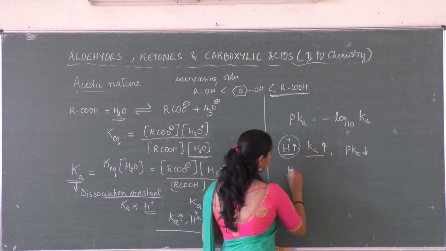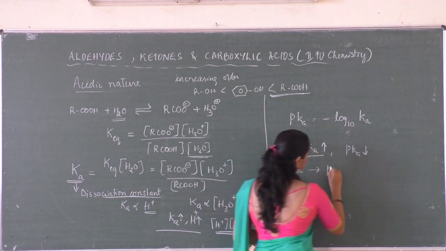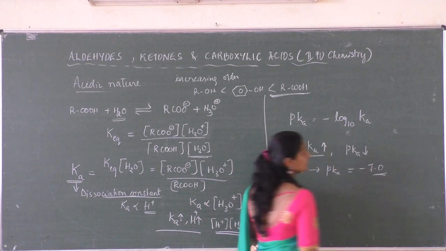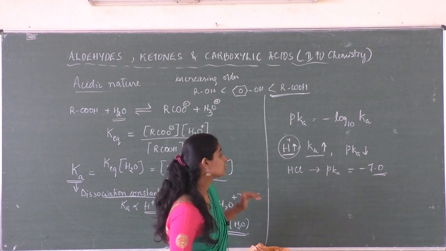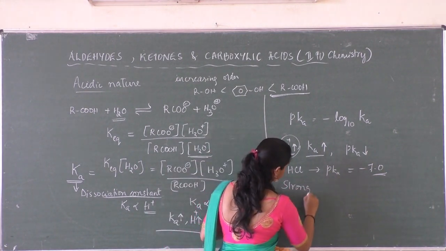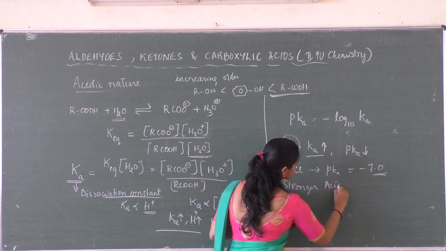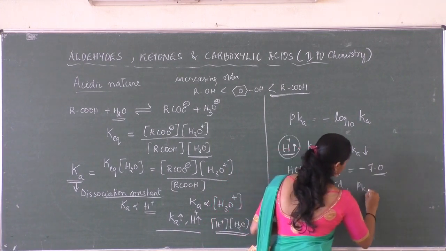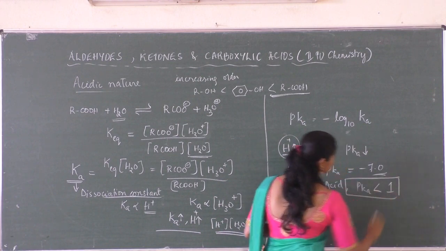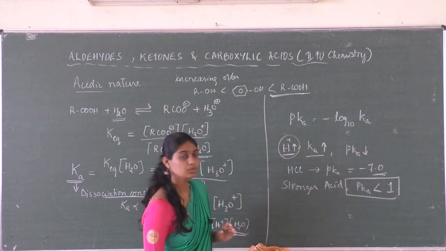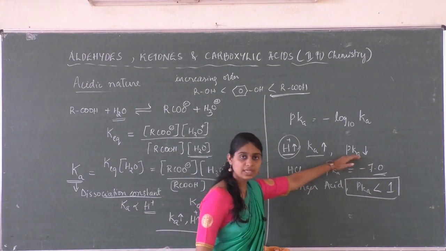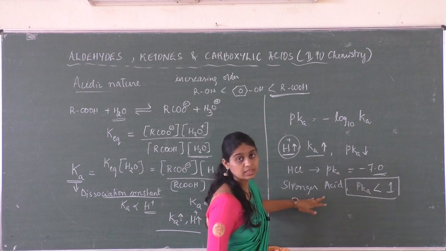So for HCl the pKa value will be minus 7.0, and you need to note that for stronger acids the pKa value will be less than 1. This is an important concept you need to know. For a stronger acid, the lower the pKa value, the stronger will be the acid.